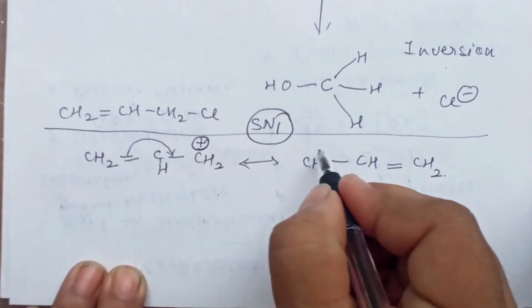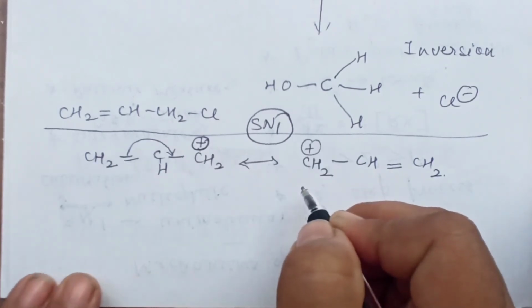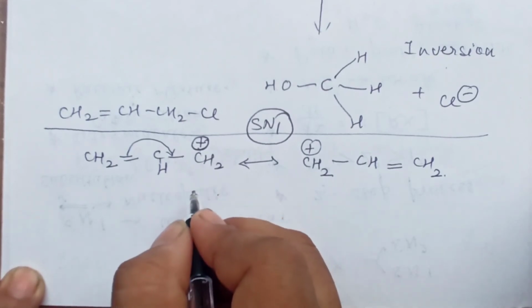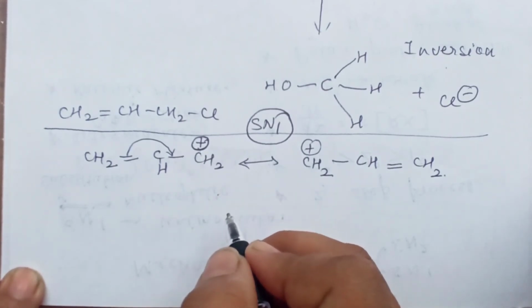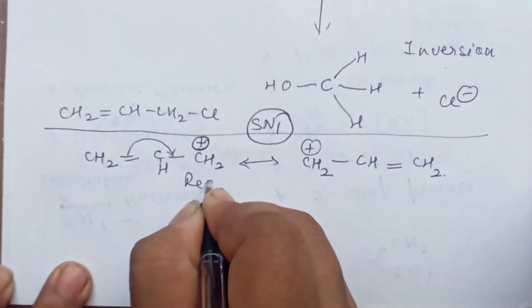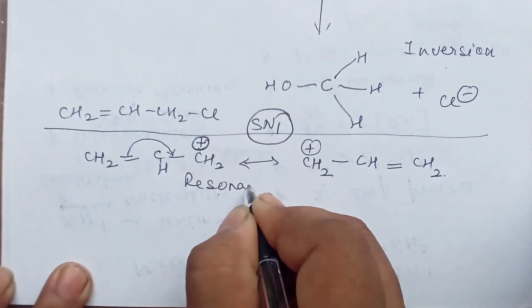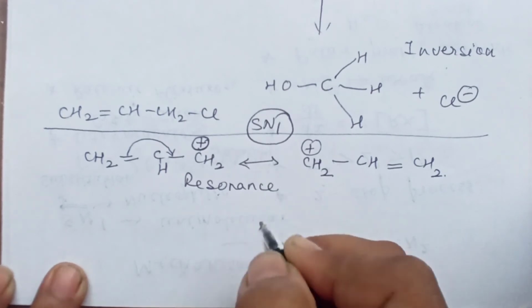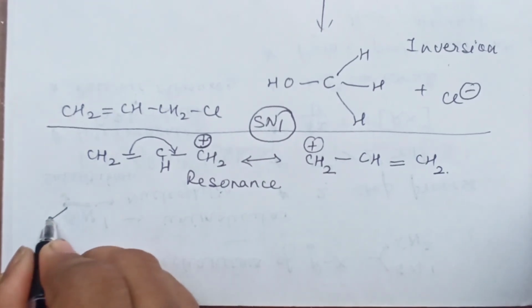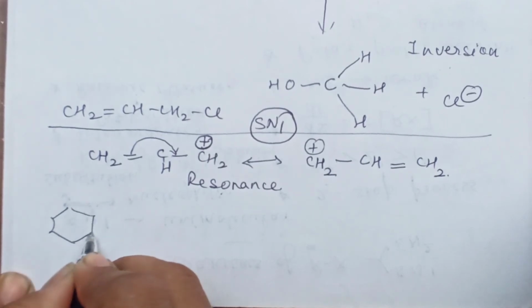Now because this has gone here, means a positive charge. So why do allyl chlorides show high reactivity towards SN1 reaction? That is because they are stabilized by resonance. Clear?